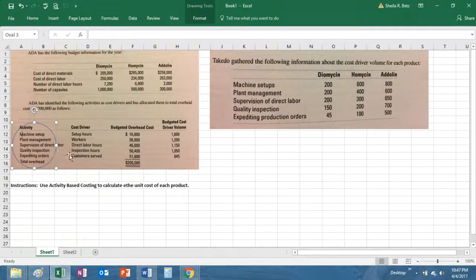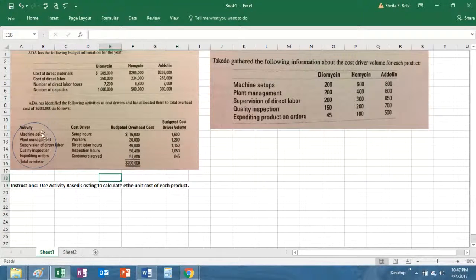For you guys, the categories will always be broken down. But in reality, management sits down and looks at this $200,000 of overhead costs, sees what they consist of, and tries to group them together in categories where there's a common thread.